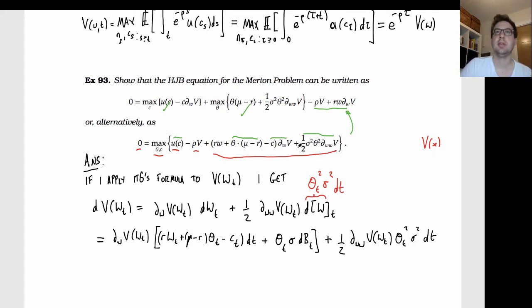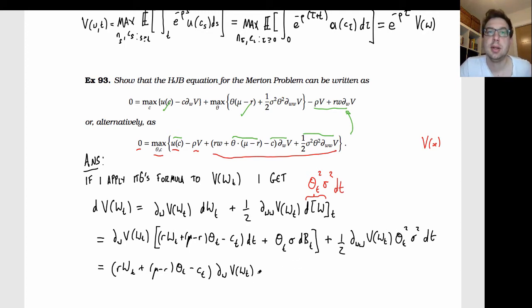If I simplify all of this and look at the drift term that I get from Ito's formula, I'm going to get (R W of t plus (mu minus R) theta minus C of t) times the partial derivative with respect to W of V of W of t, plus a half times the second partial derivative of V of W t, theta squared, sigma squared, and all of that is dt.